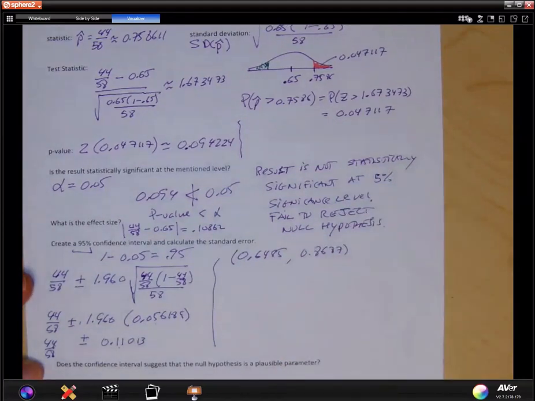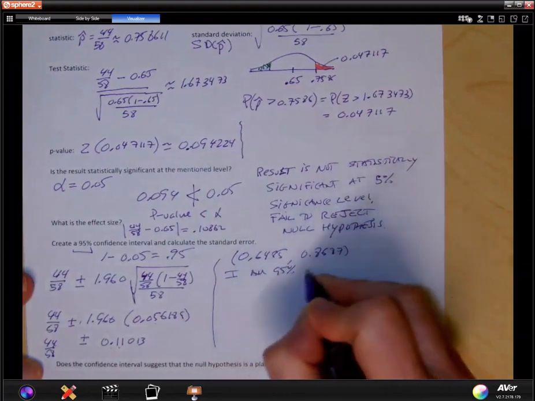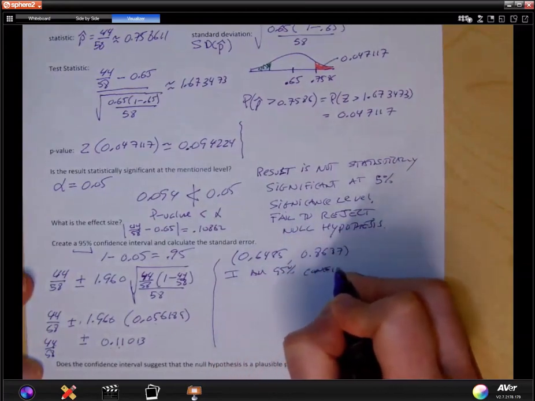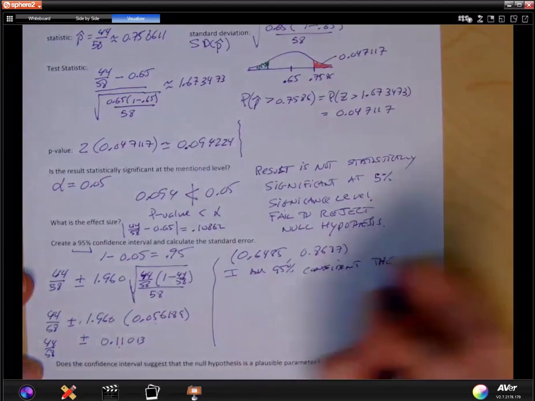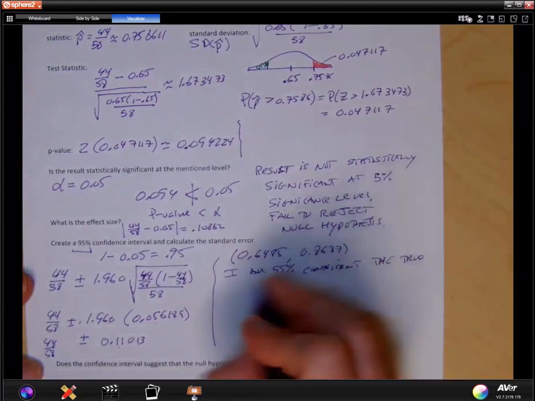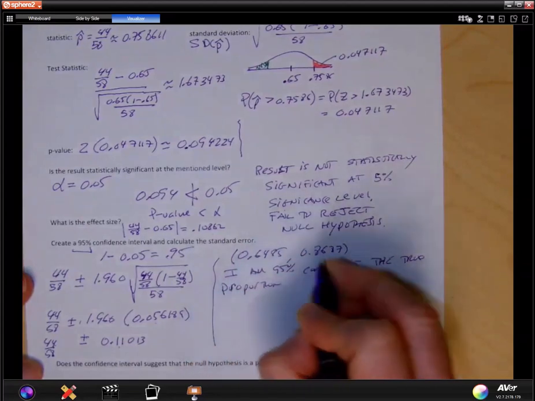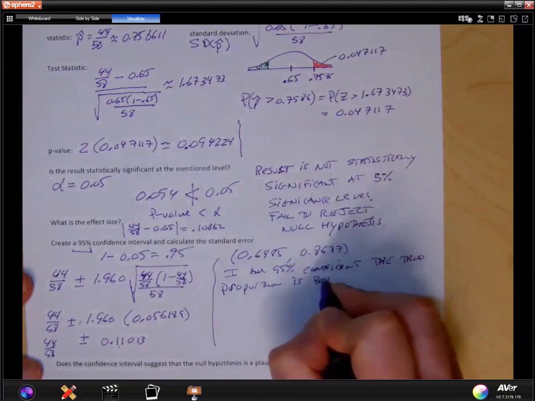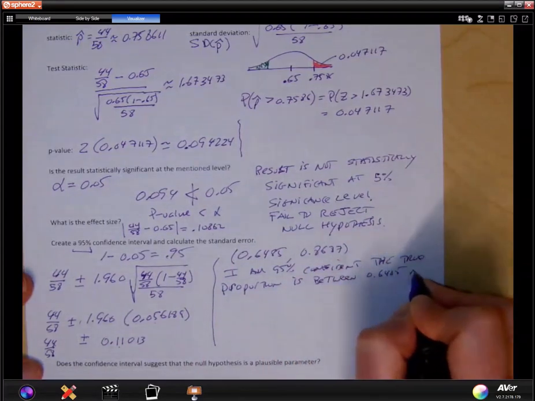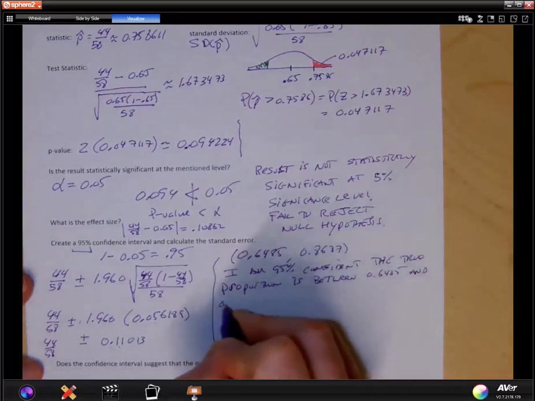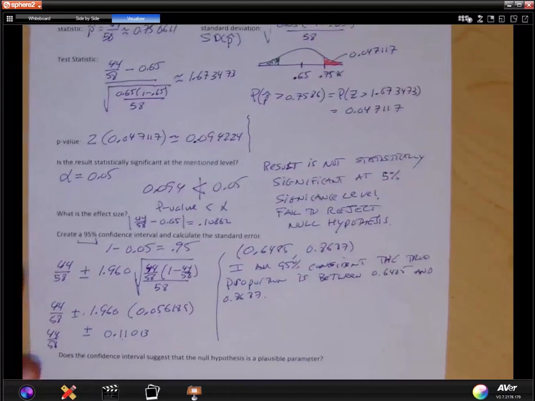And now what's happening is I am 95% confident the true proportion is between 0.6485 and 0.8687. And that's all we're saying with this.